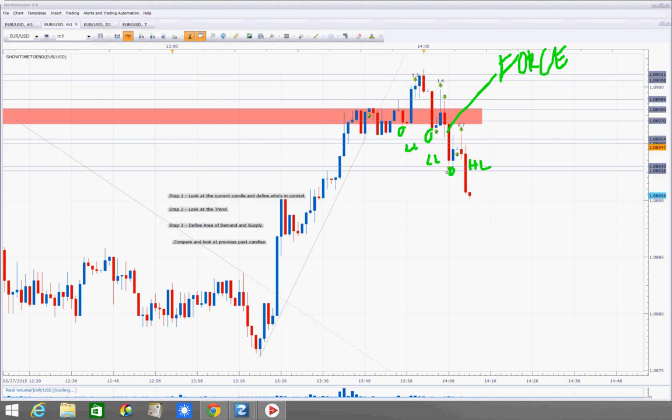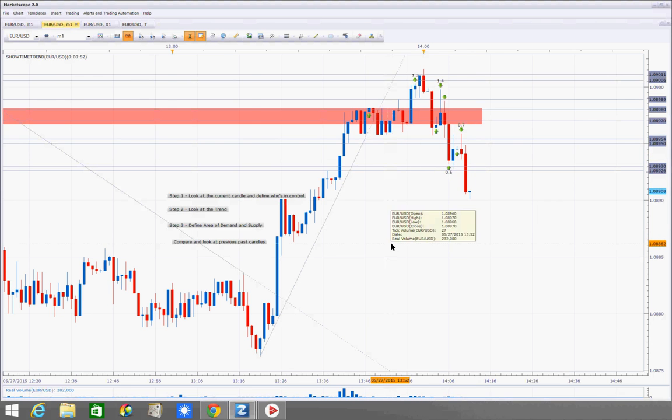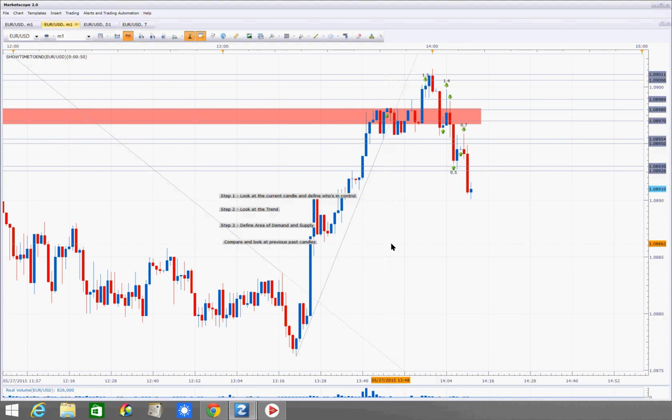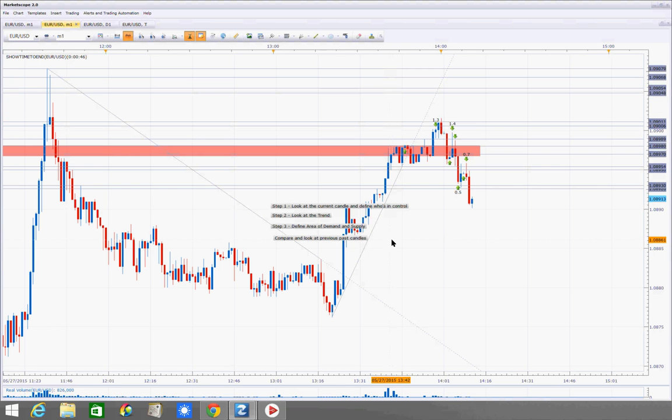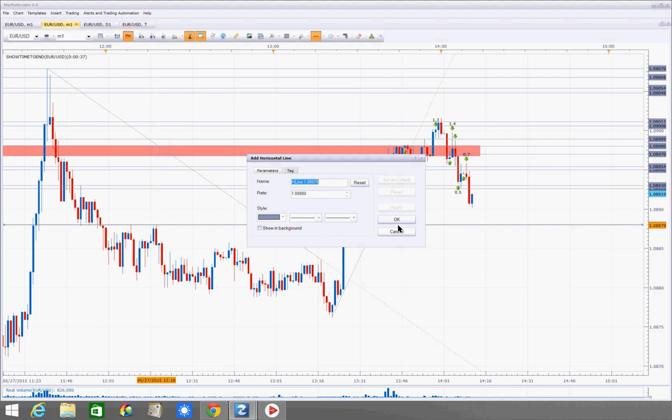Right. A lot of force here, a lot of momentum. That's what the market basically does. They love to toy and play with traders' minds.